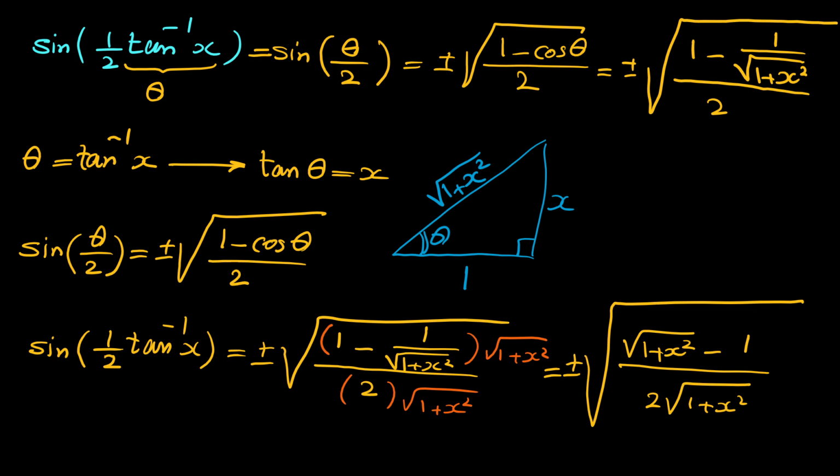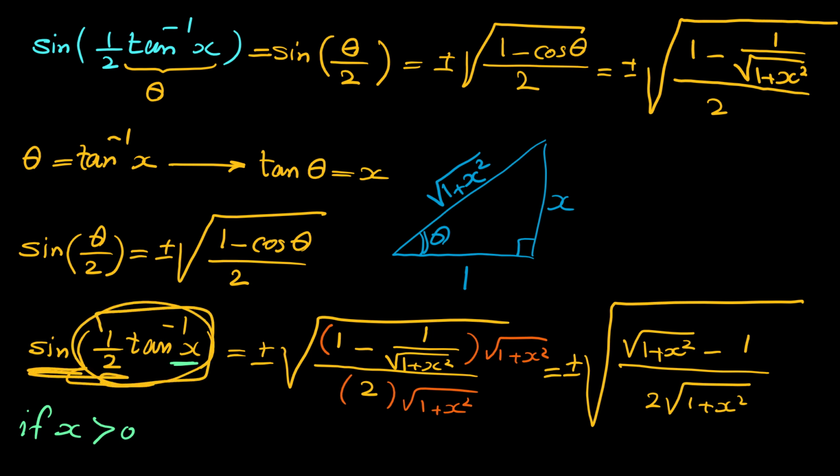If x, which is a number, is positive, then this angle is an angle in quadrant 1. And because this angle is in quadrant 1, sine of this angle would be positive.